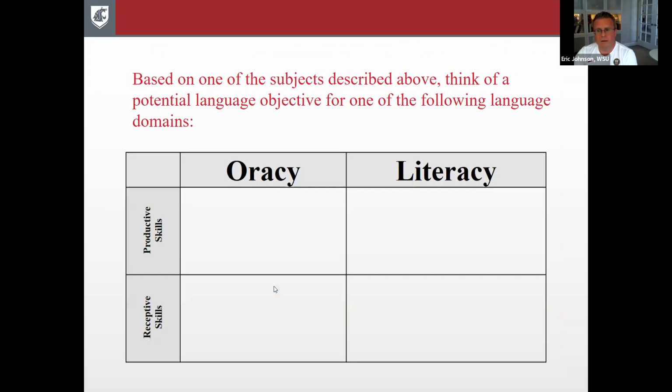Now you can refer back to our basic grid on the language domains, okay? And think about, okay, now I know in my class, I have maybe 5 multilingual students, and they need support in their productive literacy. Okay, cool. So now you're talking about the productive literacy.